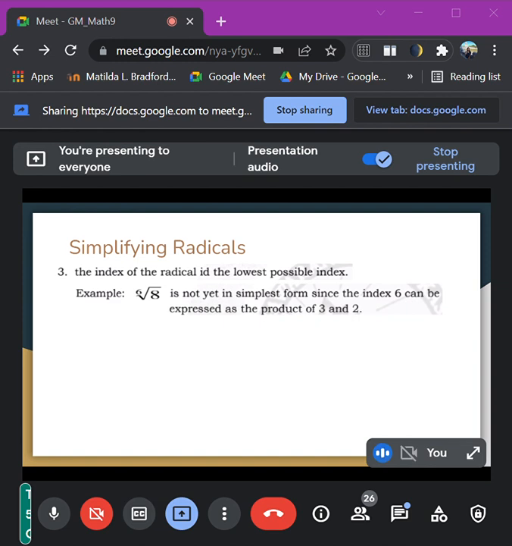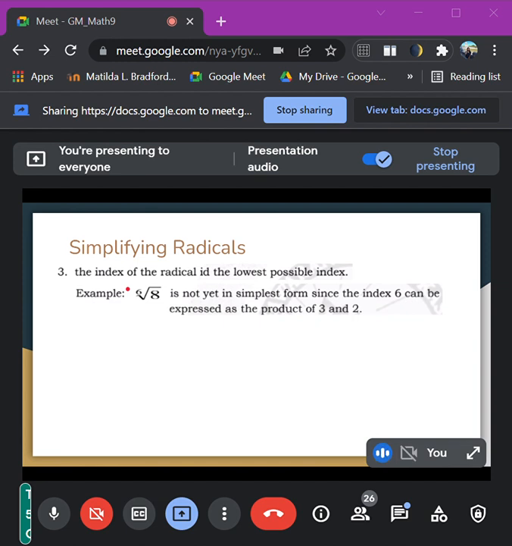Right, it can be 3 times 2, and then you can apply the fourth law of radicals. If you use the cube root and then the square root of 8, you can simplify it further as another answer. Meaning to say, it can no longer be 6, because you can factor the index as 3 times 2.